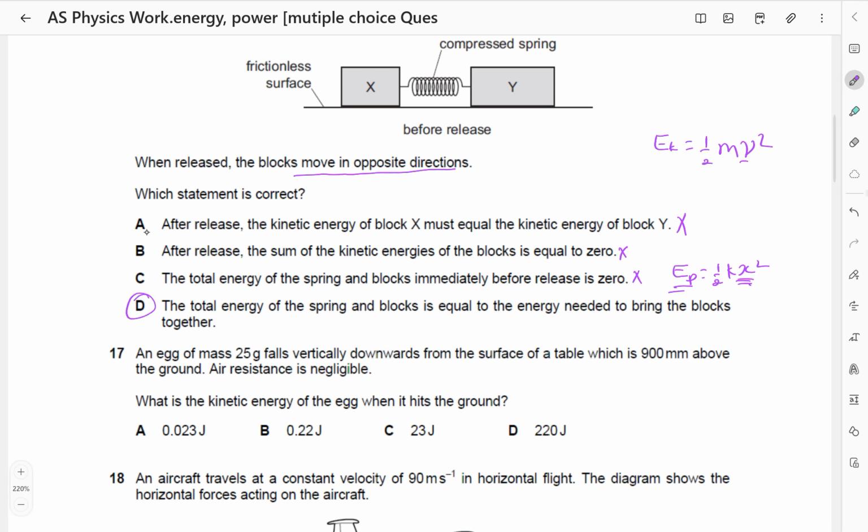So the answer will automatically be: the total energy of the spring and the blocks, that is the elastic potential energy, is equal to the energy needed to bring the blocks together.